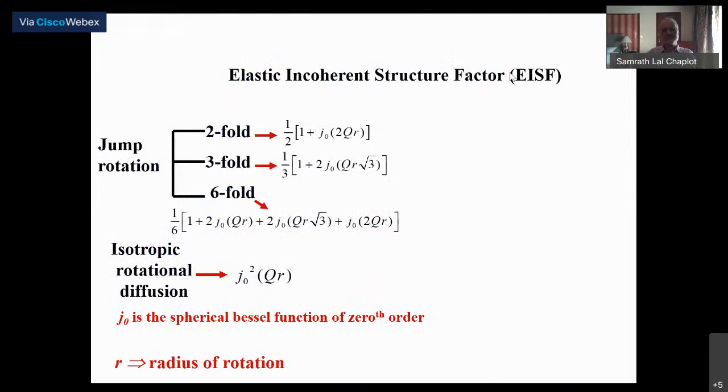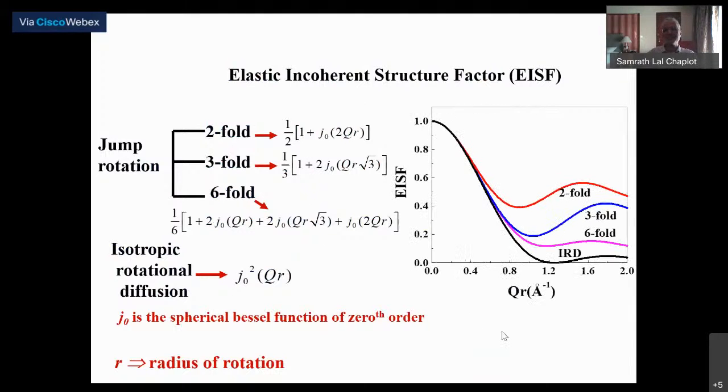Okay, the elastic incoherent structure factors can be easily modeled. For example, for a two-fold rotation there is a simple form involving a spherical Bessel function, and there are different forms for three-fold or six-fold.